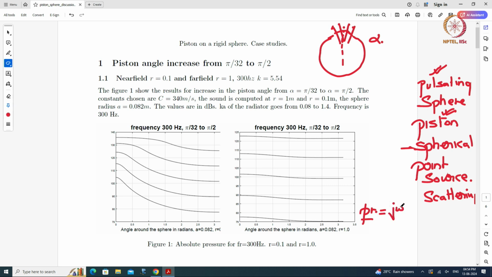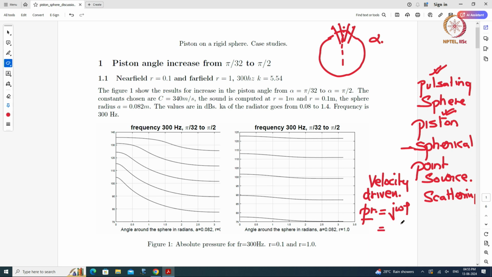J omega rho will be there if it is velocity driven, like the pulsating sphere, which is driven by a velocity on the surface, or even the piston in a baffle, which is driven by an oscillating piston velocity. So J omega rho will be there.